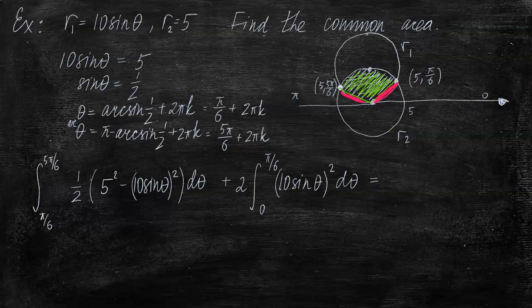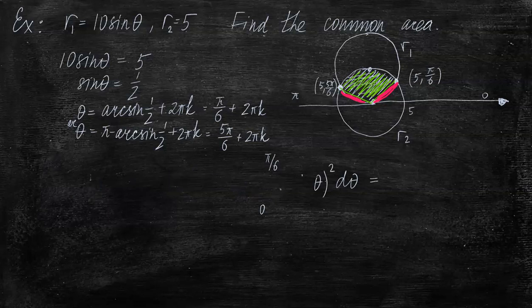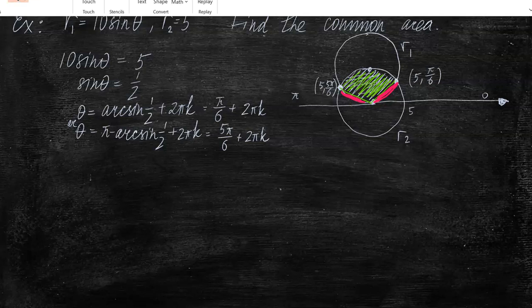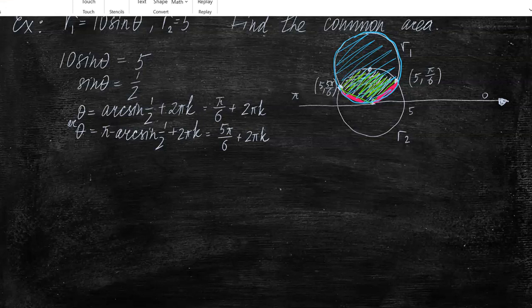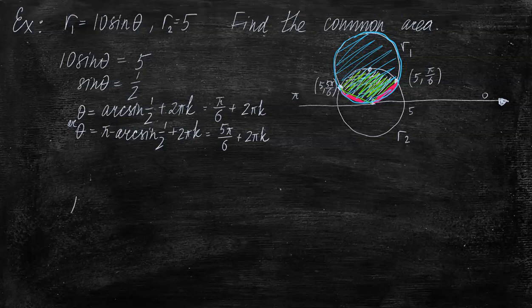Alternatively, what we can do is consider the total area of this circle, which I shade in blue, and that area is equal to pi r squared, and the radius of that circle is 5, so it's pi r squared.